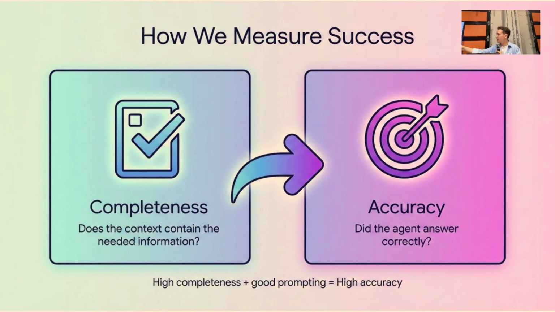They'll come to us and say, our agent is saying this thing, and we look into it, and it turns out the context was complete, but the agent wasn't using it right. That comes down to their design of the agent and the system prompt, et cetera. Does that make sense? Seems logical? Okay, cool.